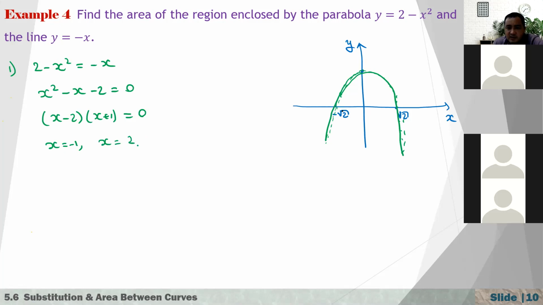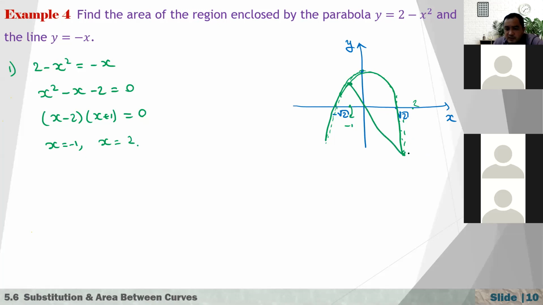So when x equals -1, they intersect each other somewhere here. Okay, -1. And when x is 2, it is somewhere here. So we are talking about this region, okay?